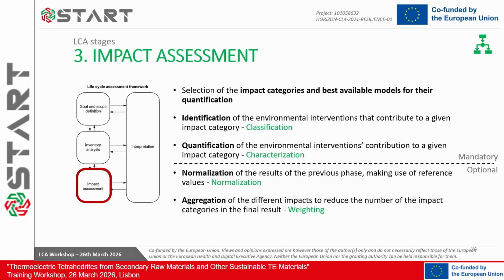So we need units and we need amounts to basically assess how much of the impacts have been generated in a given category. So this is sort of the minimum to do the life cycle impact assessment.